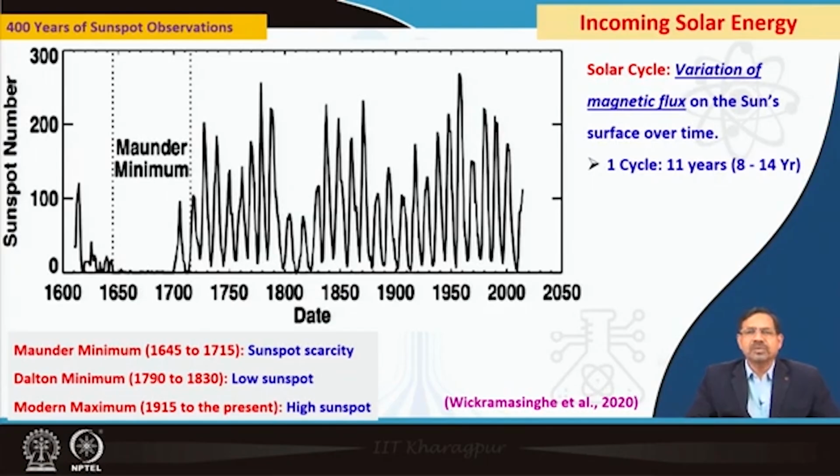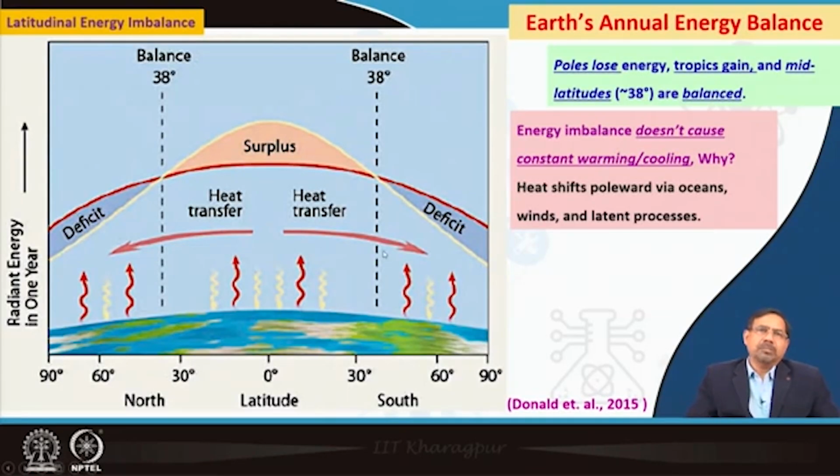So, on average we remember it in a general sense as an 11 year cycle or 11 year epoch. Now, let us come to the next understanding with respect to the latitudinal variation.